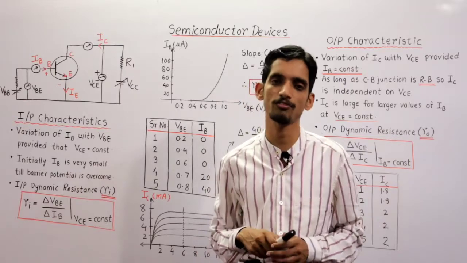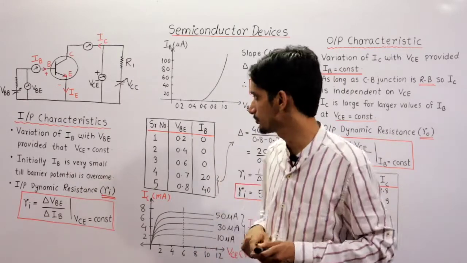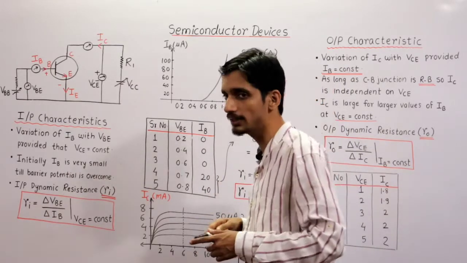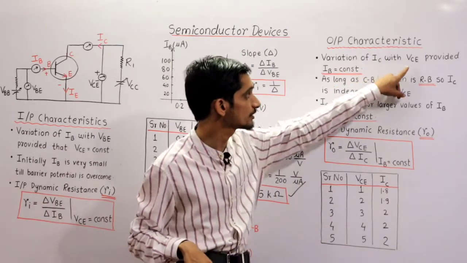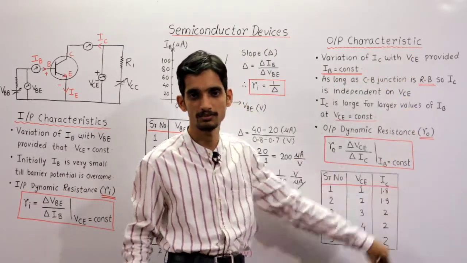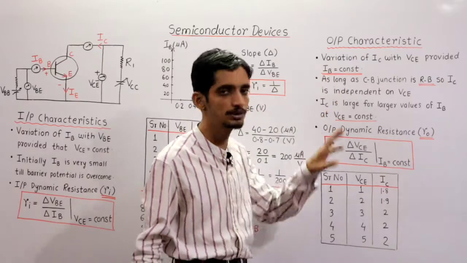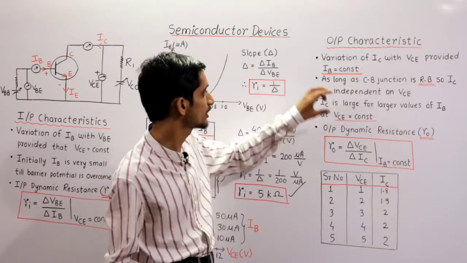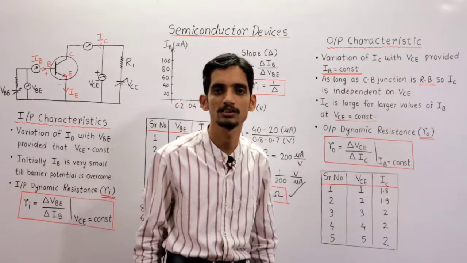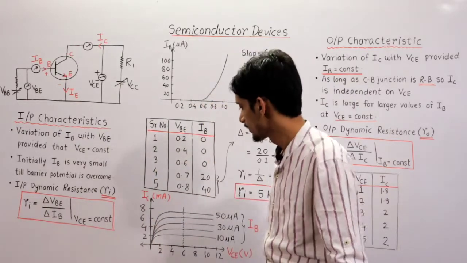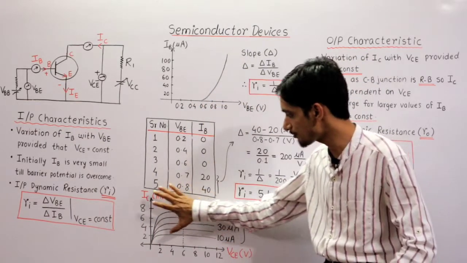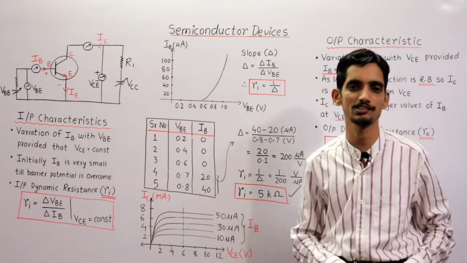So it is a graph of the variation of collector current with VCE, provided IB is equal to constant. So this is called the output characteristics. Clear? Okay. This is a graph of output characteristics of a transistor.